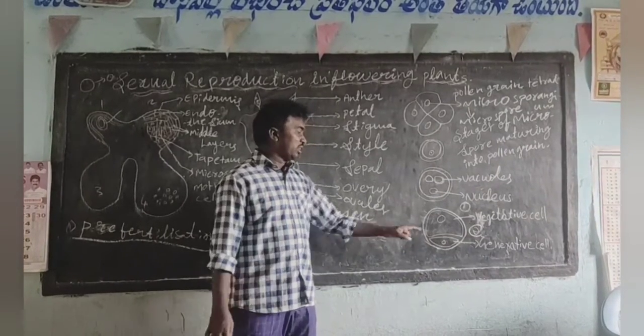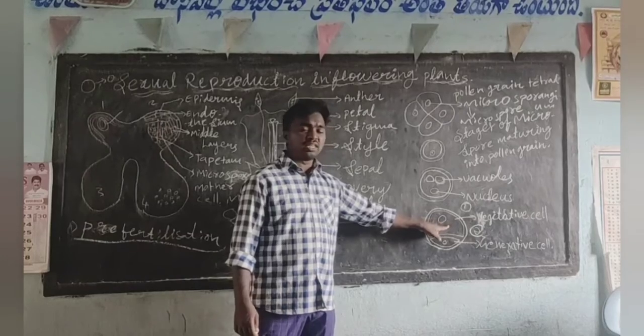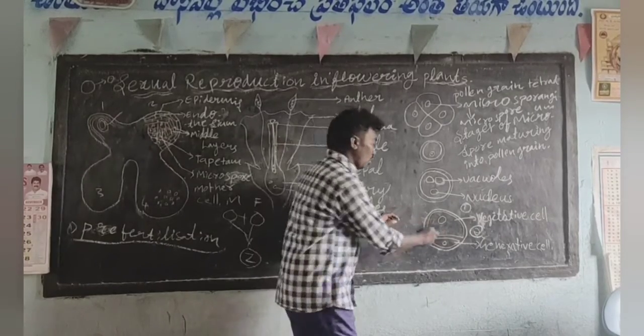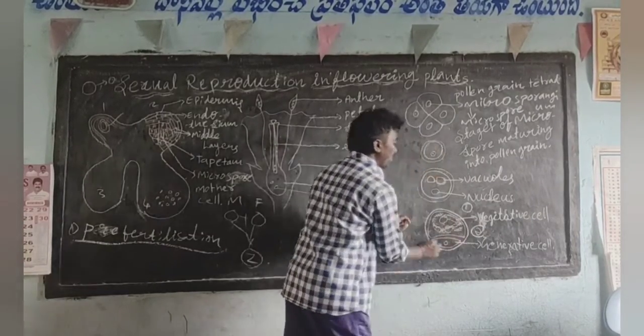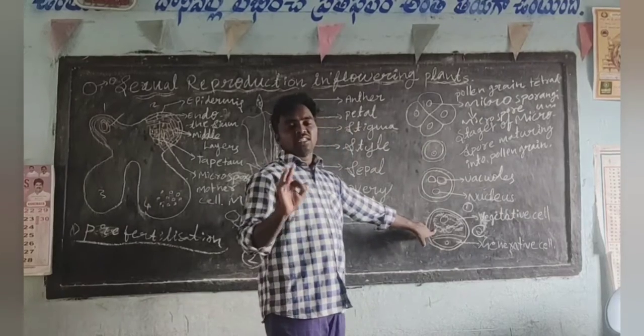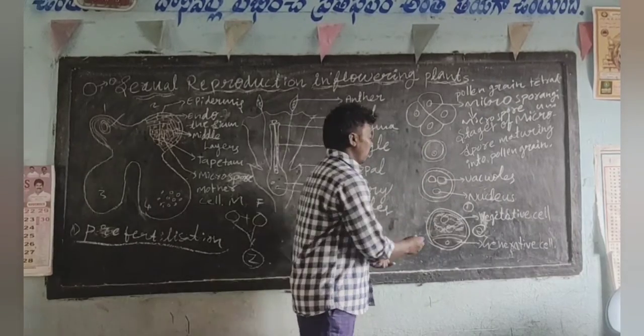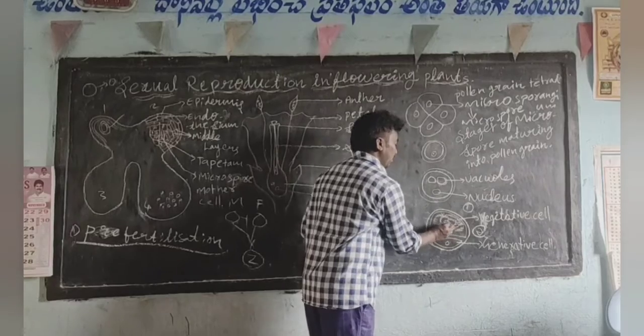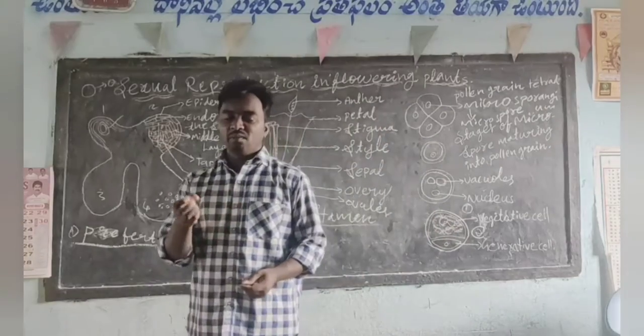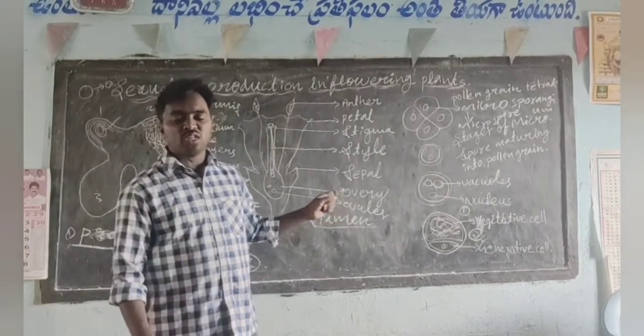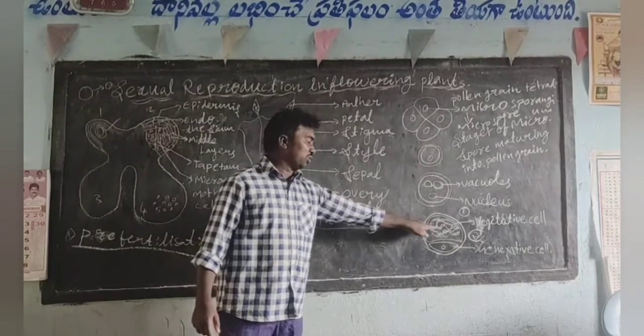Okay, next one, this vegetative cell contains a lot of cytoplasm. So the total part of the vegetative cell contains only cytoplasm, and the nucleus is present without a definite shape.